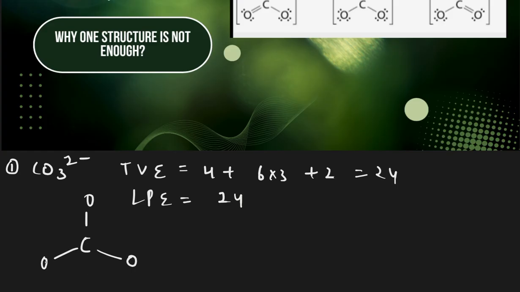Okay, 3 oxygens are there, so we are going to attach them via single bonds to the central atom. Alright, so we have 3 single bonds. So we are going to subtract 3 into 2. These are our bond pair electrons, whatever the single bonds are there, multiplied by 2. So this will give us 18. Right? So we have the lone pair electrons.